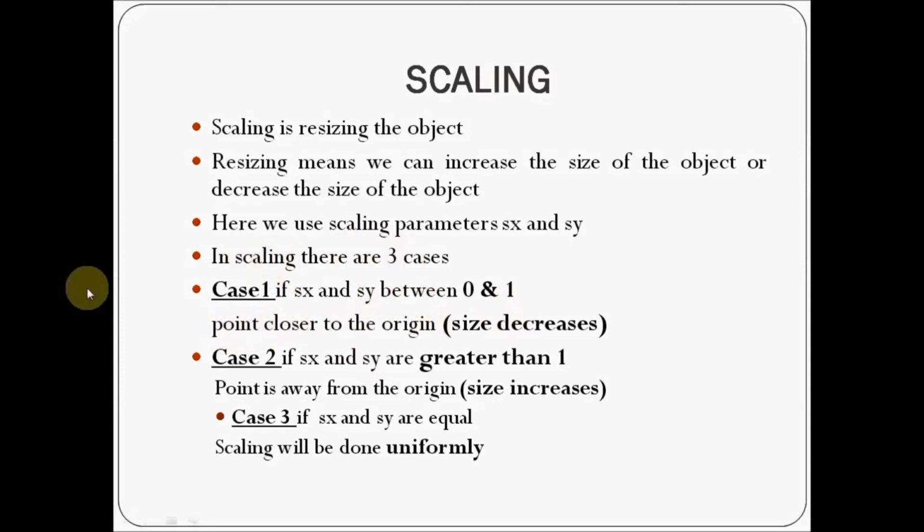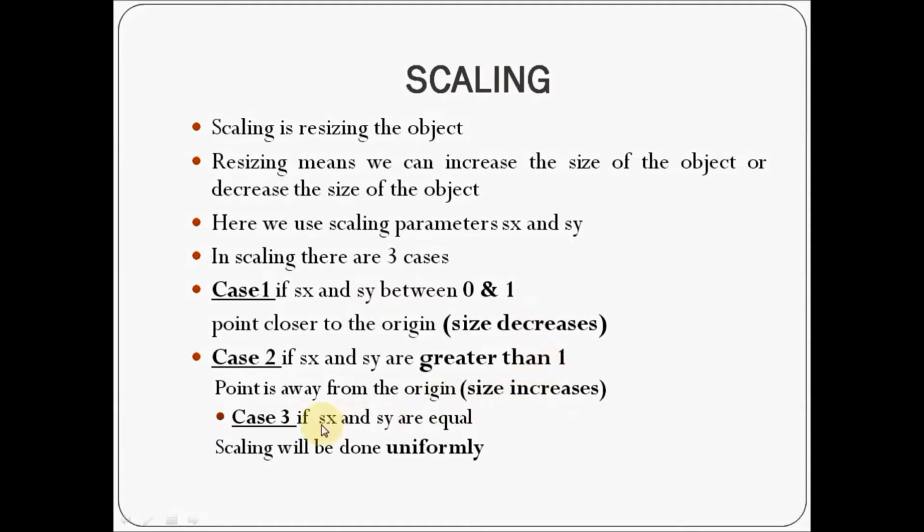Just know that if the sx and sy values are between 0 and 1, then the size of the object decreases. If sx and sy are greater than 1, the size of the object increases. That means the point is going to move away from the origin.